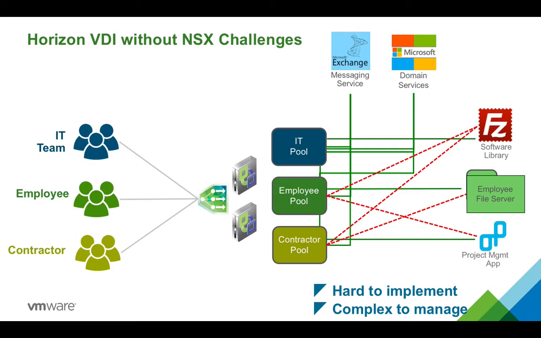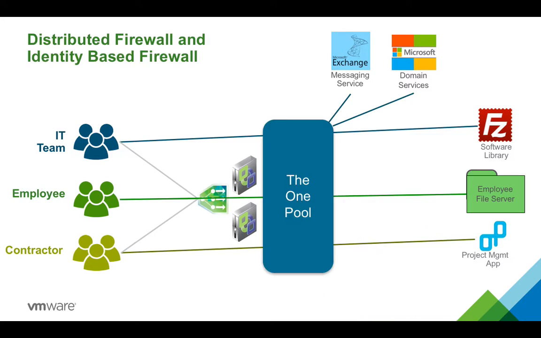With that, you are able to create firewall rules based on the source IP address of the desktop pools. So when the users require access to different applications, you have to put in firewall rules in that manner, and over time, it can be very complex to manage these firewall rules.